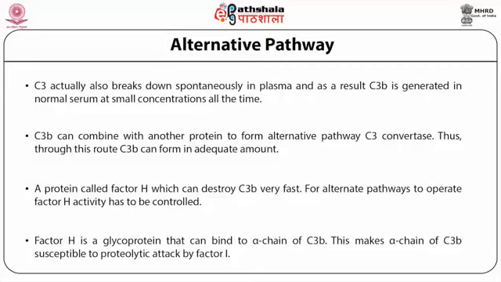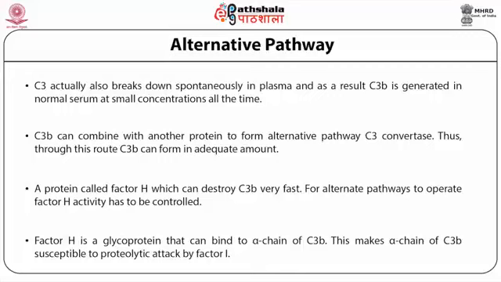This makes the alpha chain of C3b susceptible to proteolytic attack by factor I. Factor H requires a surface on the antigen which is rich in sialic acid to be able to bind C3b. For example, if some bacterial surface does not have enough sialic acid, factor H cannot bind to C3b.